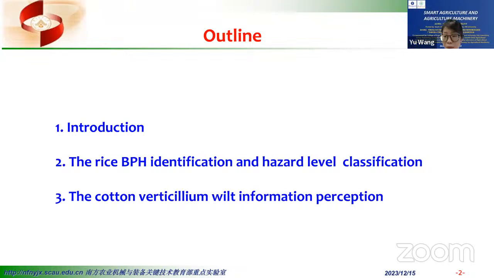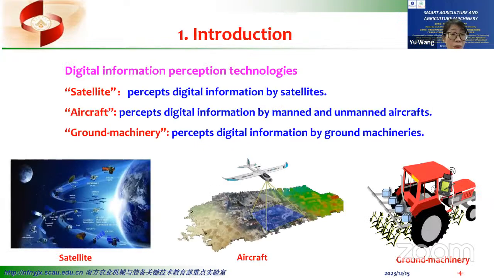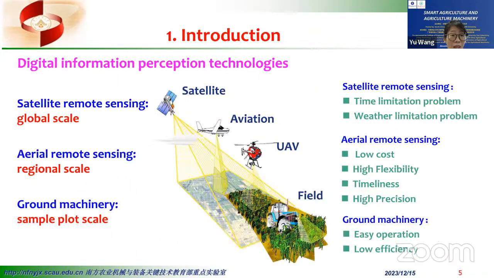This is the outline of my presentation. As we know, there are three major digital information perception technologies, including satellite, aircraft, and ground machinery. Satellite remote sensing is for global scale information perception due to its ability for large scale measuring, but it has the disadvantages of time and weather limitation problems.